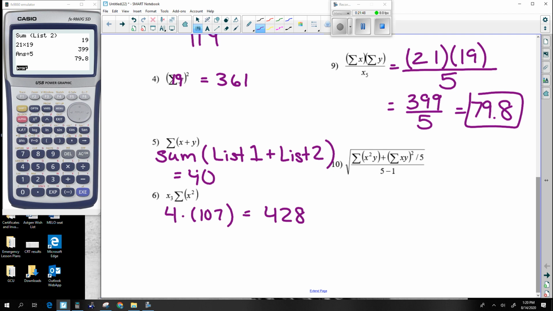So the very first summation is the sum of x squared y. The next one is the sum of xy, the sum of xy, which is 62, squared divided by 5.